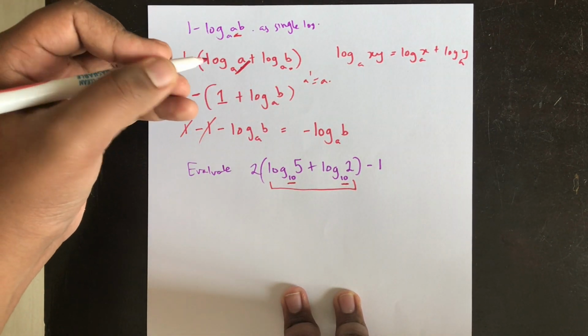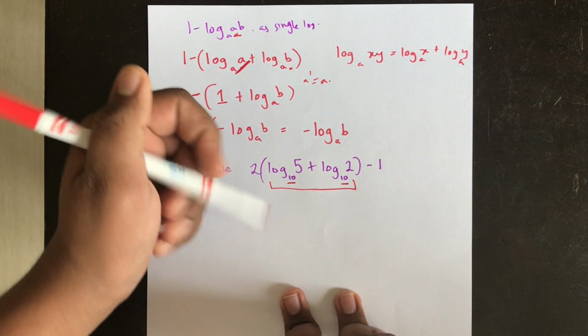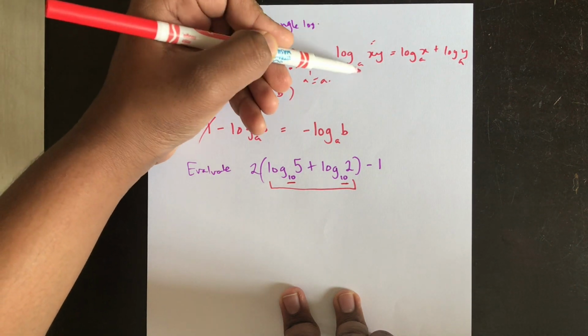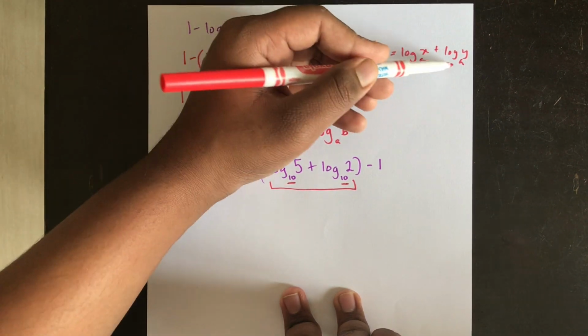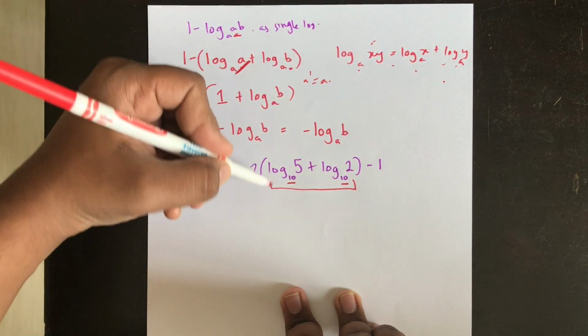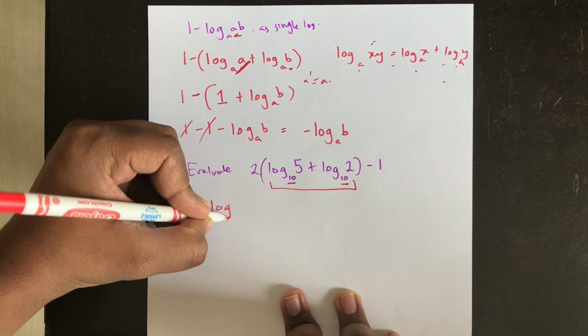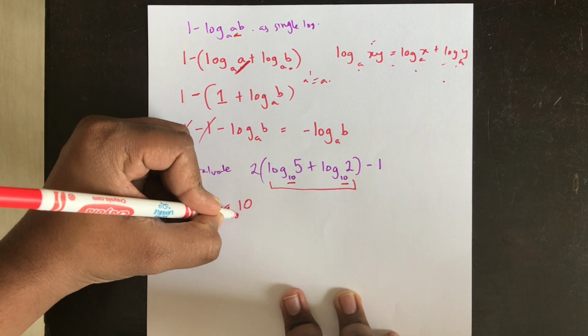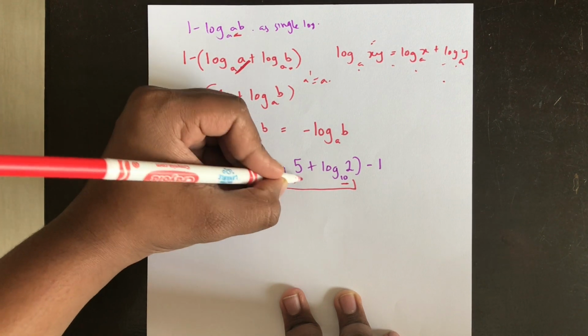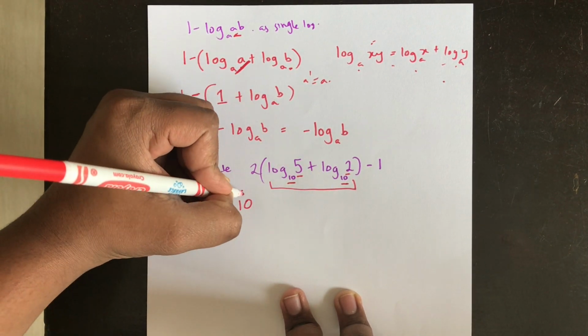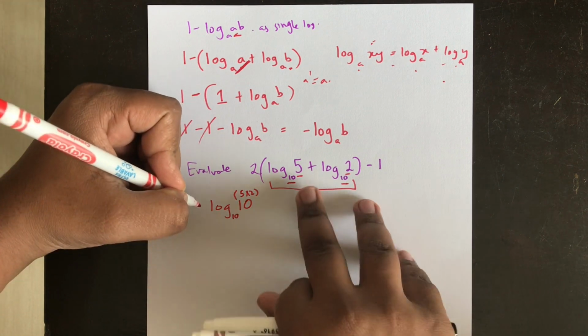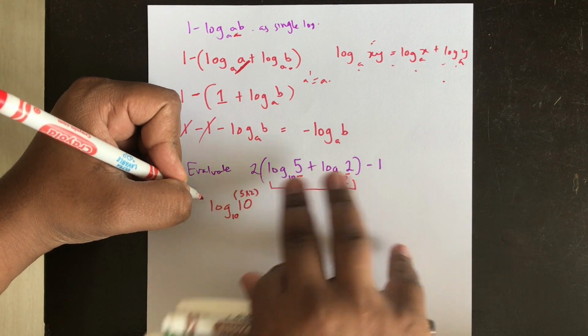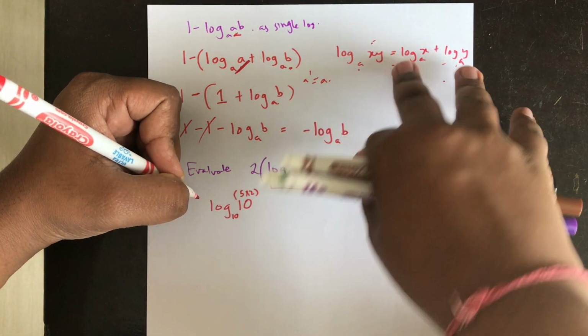Therefore, we can use the law of combining logarithms: log xy base A is equal to log x base A plus log y base A. Therefore, this is the same as log 10 base 10, because 5 times 2 is equal to 10.